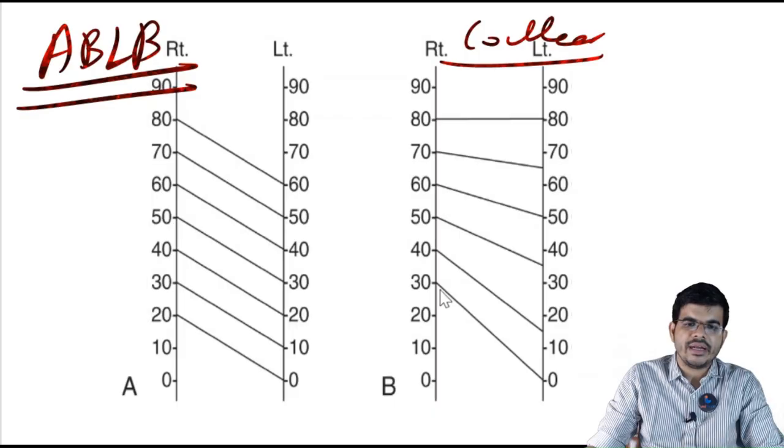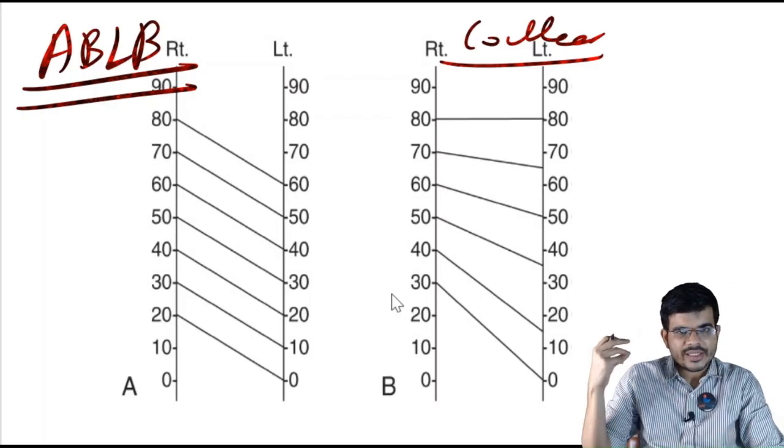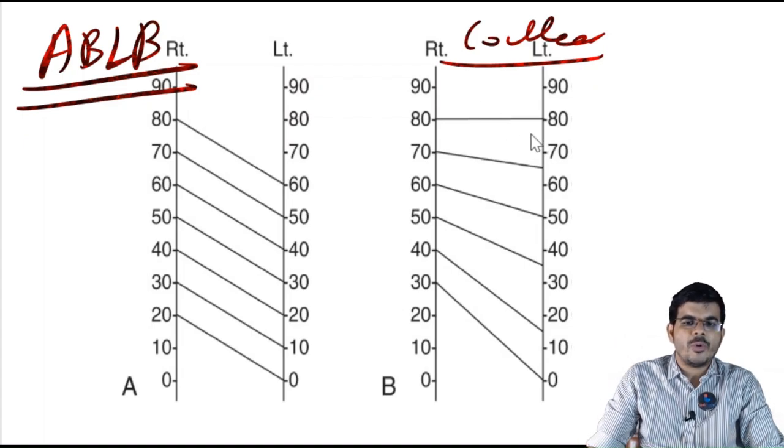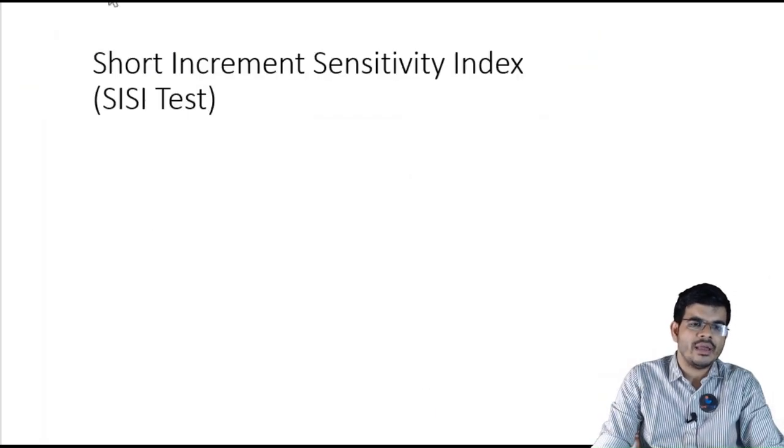You will need a 30 decibel sound to hear the same sound, but by the time it reaches 80 decibel, you will be able to hear. So if the patient has a hearing aid tuned for a 30 decibel increase in sound, he will perceive the sound as very loud because he will be hearing it as 80 decibel here, unlike the normal ear, where the sound will be perceived at an intensity 30 decibel less. So that is why it is happening. Recruitment is a cochlear phenomenon. That is what you have to know.